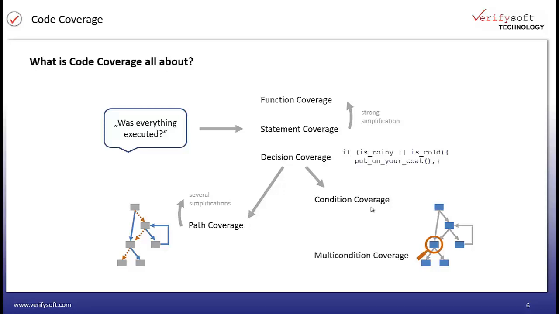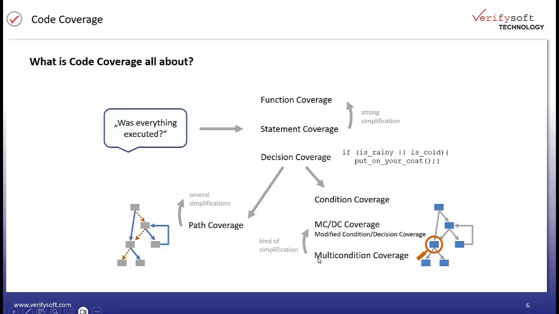And one or two steps more, there is multi-condition coverage. Multi-condition coverage checks if all possible combinations of true and false were tested during the test. So in practice you get a lot of test cases, and there is a simplification of this, which is MCDC coverage, the modified condition decision coverage.